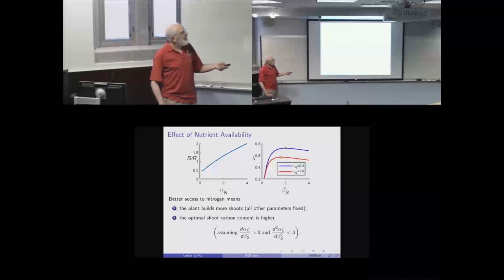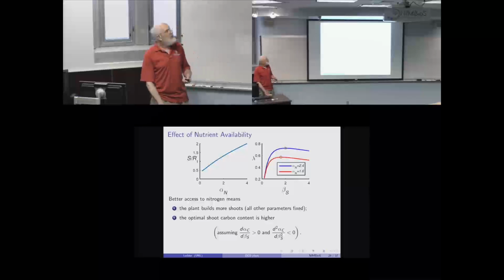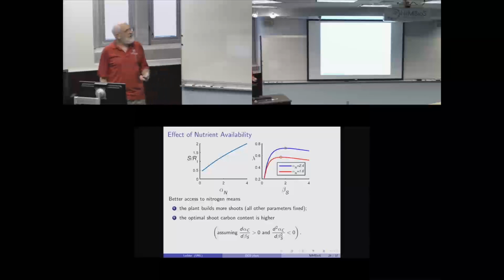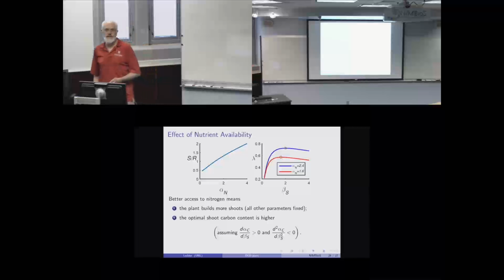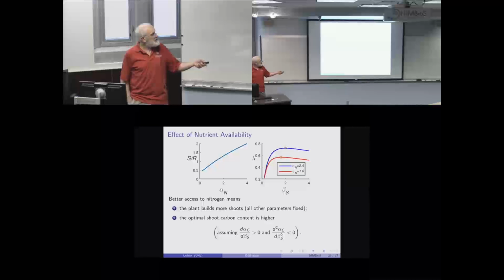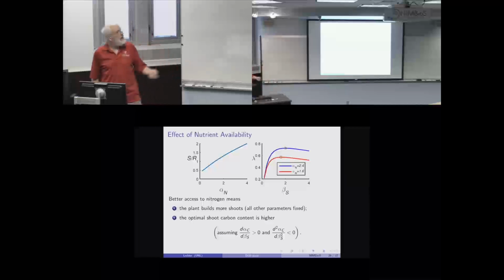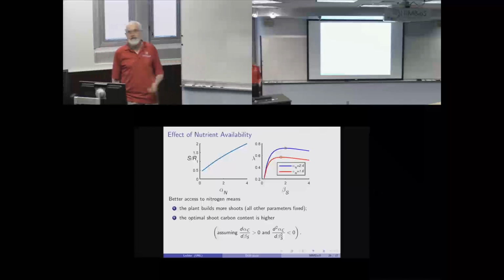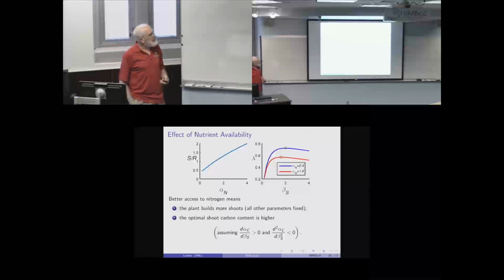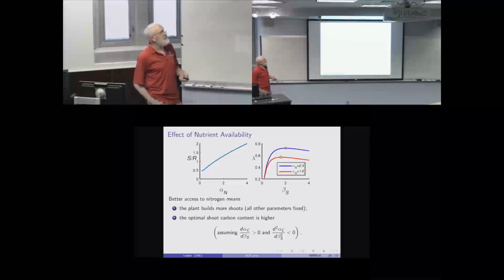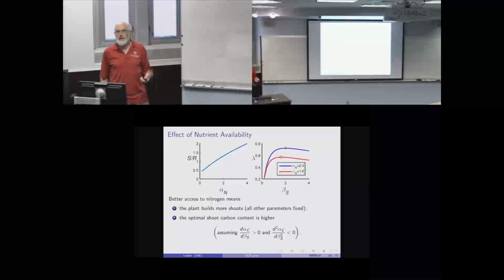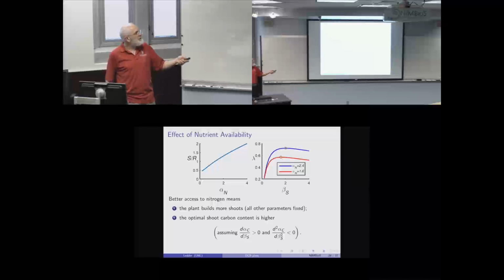So if you look at this, lambda is the growth rate. So if you ask, how does the growth rate depend on what you choose for the nitrogen content of leaves? So the horizontal axis is how much nitrogen do you put in your leaves, and the vertical axis is how fast do you grow. And the different curves are for different soils. So if you're in the sandy soil where nitrogen access is better, that's the blue curve.